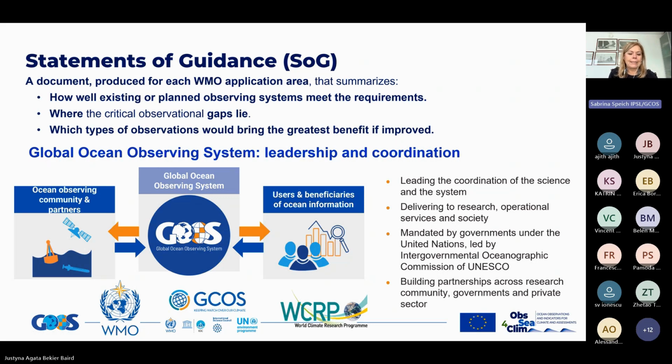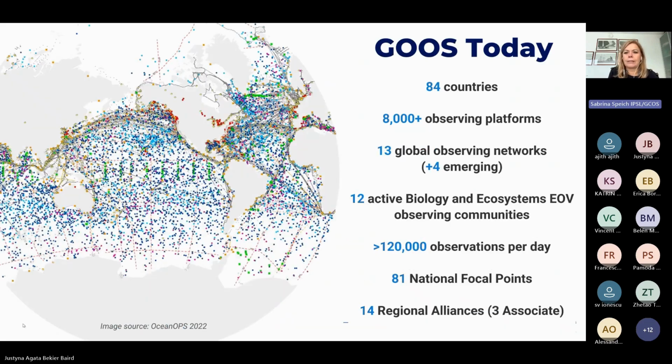So next slide. So GOOS, just for those that do not know it, comprises 84 countries contributing to the Global Observing System that is pictured in these images, with 13 global observing networks that are ships, ghost ship or volunteer ocean observing vessels, Argo floats program, etc. And 4 that are today emerging.